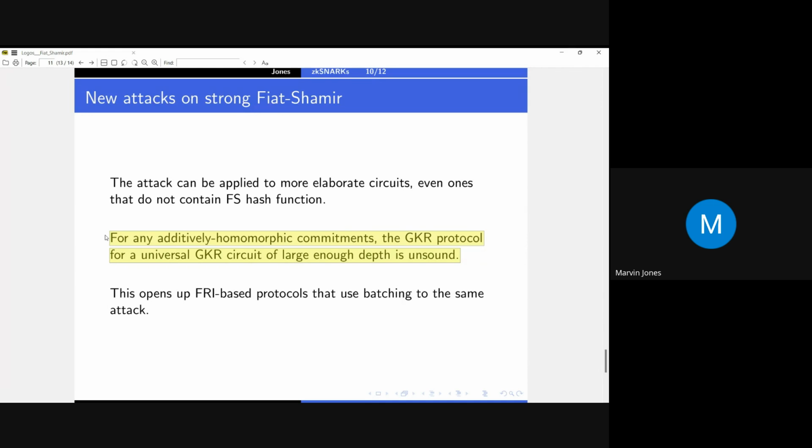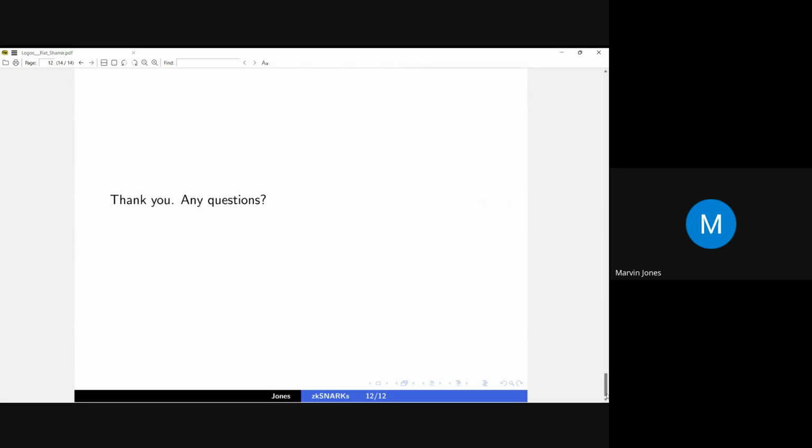In terms of engineers, like I said, the weak Fiat-Shamir is the one for that, but this calls into question some of the security assumptions that people have been making in the last maybe probably longer than 8 years, but I'm going to say 8 years just because Bulletproofs was 2017. But certainly a big deal. GKR was a little bit earlier. Anyway, so that's all I have. I'm happy to answer questions.